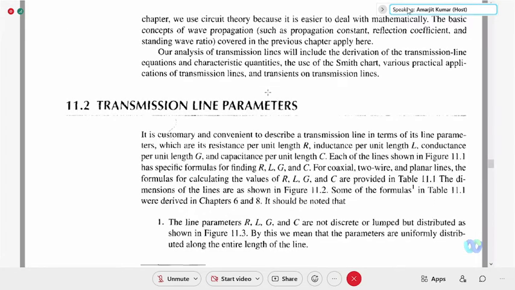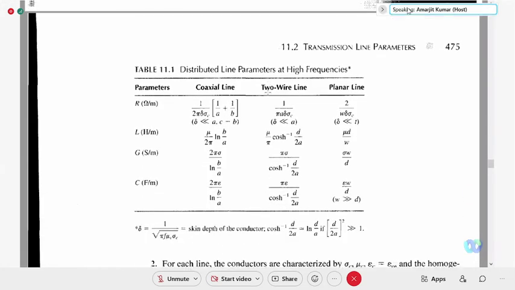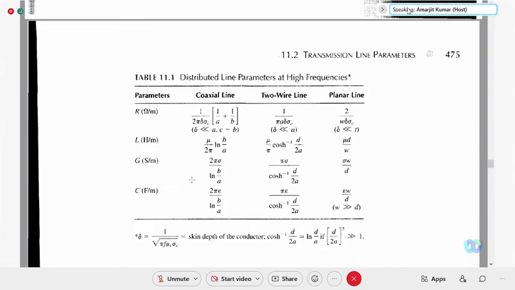It is given in this table: distributed line parameters at high frequency. This is R, L, G and C. See here, ohms per meter, the series resistance per unit line length. Similarly, Henry per meter, Siemens per meter, and farad per meter.